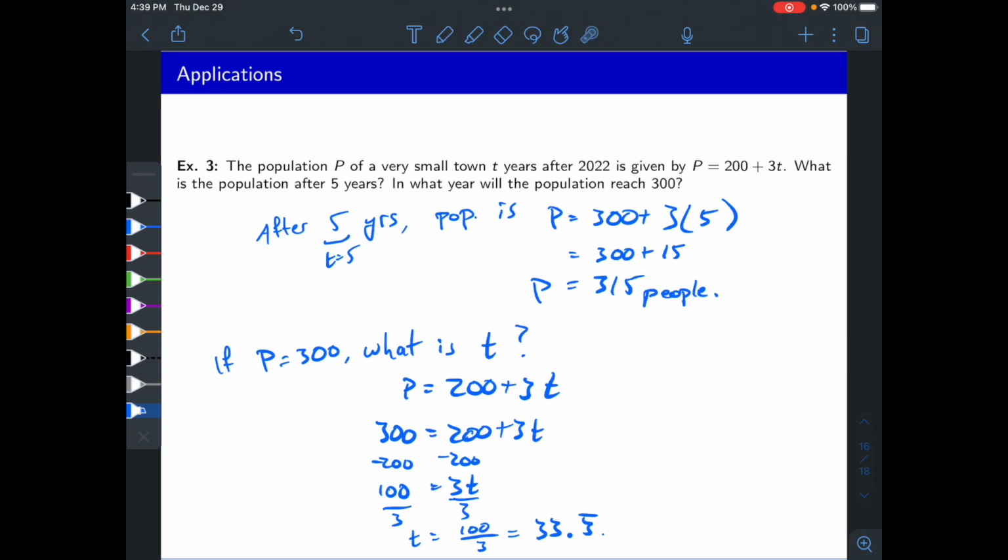So we're not asking after how many years this happens, we're asking in which year does the population reach 300? In which year will this happen? T is the number of years after 2022.